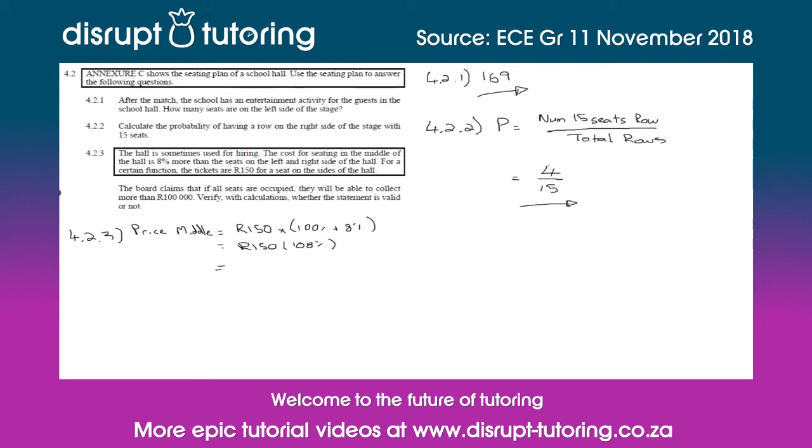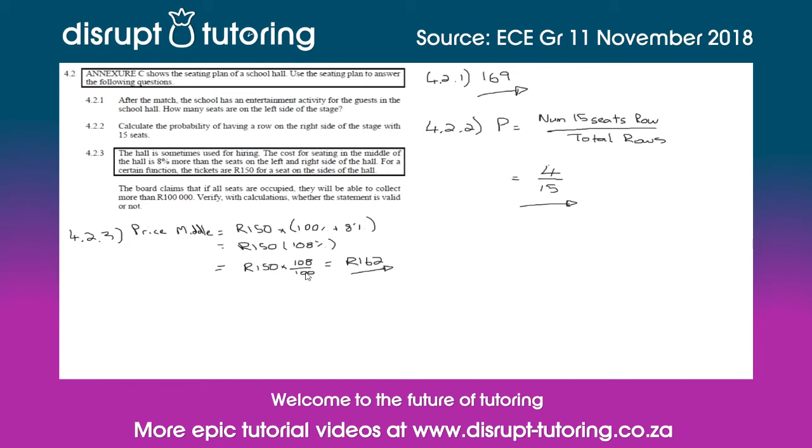Remember, we can write percentage as 108 divided by 100. So this is going to be 150 Rand multiplied by 108 over 100. And in my calculator, I get that this equals 162 Rand. So that's how much a middle seat costs.